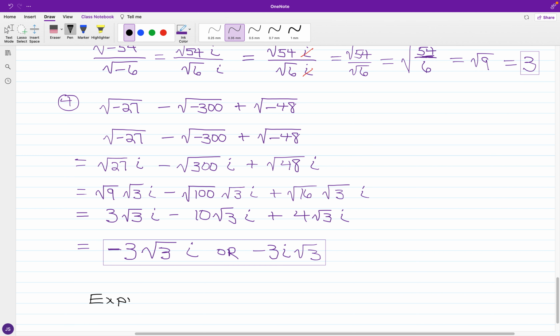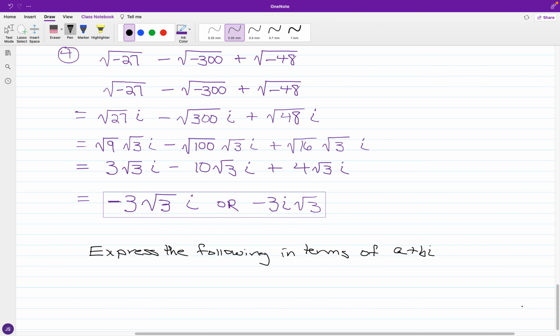Say if I were to express in terms of a plus bi, let's see, for the first term here, let's say we have 3 plus the square root of -25.